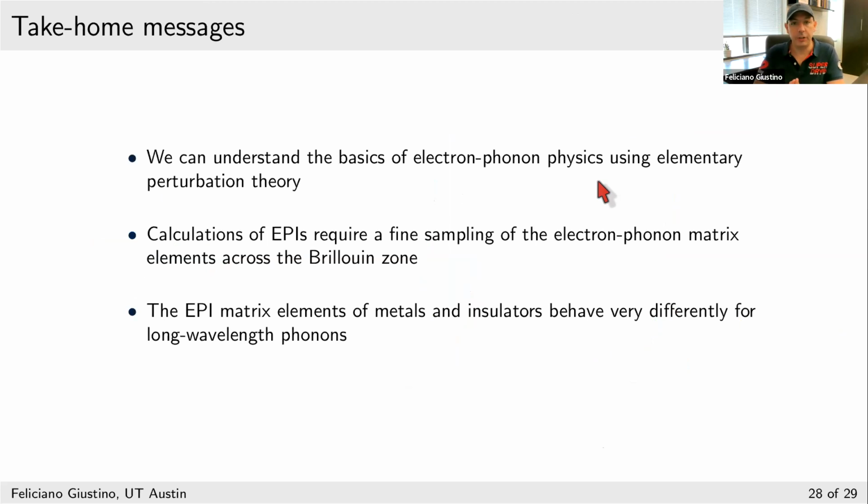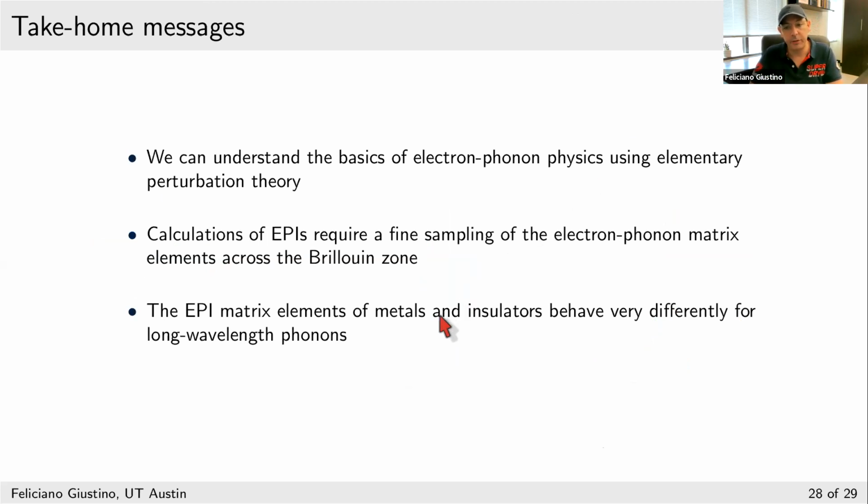So that's basically the end of this first part, and the take-home messages are that we can really understand at least the key concepts of electron-phonon physics, starting from the three basic formulas of elementary perturbation theory. The challenge starts when you want to evaluate integrals in the Brillouin zone, because matrix elements are expensive quantities, so one has to find efficient ways to compute them.